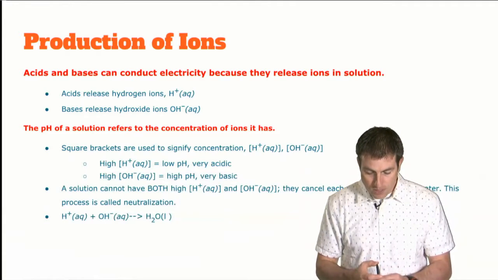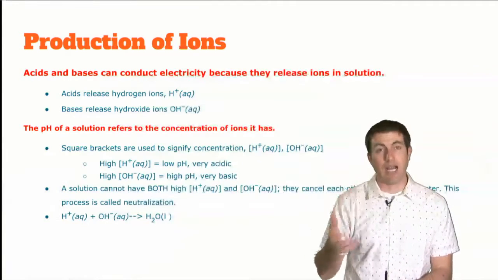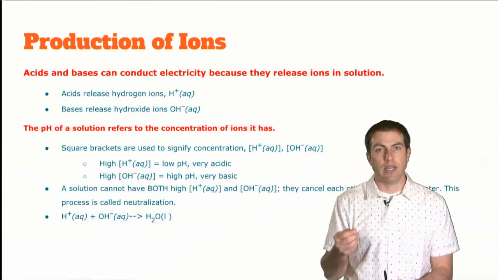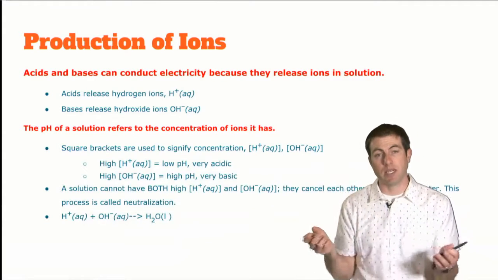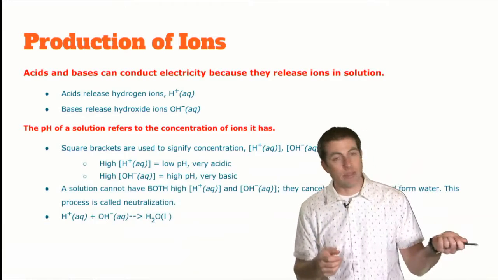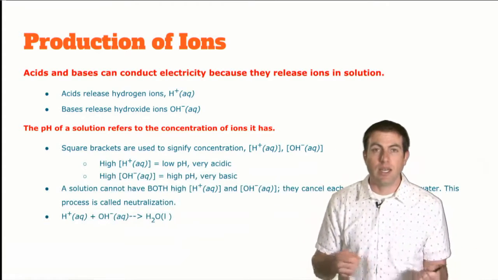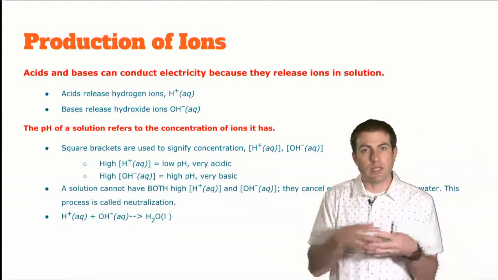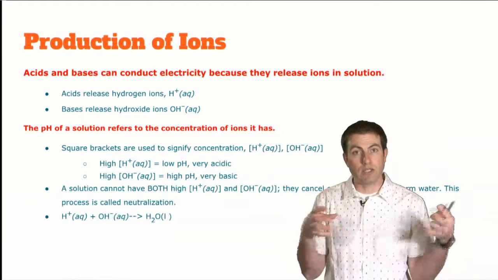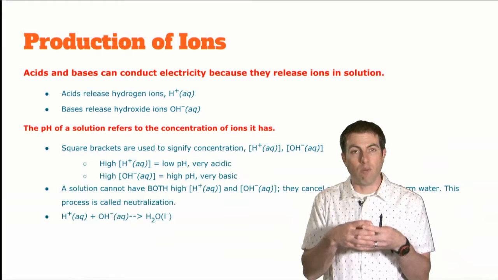Something can't have a high amount of hydrogen and a high amount of OH at the same time, because just like when I had the phenolphthalein next to me and I added that acid, the base disappeared. Remember, you have a neutralization happening with the H and the OH forming water.